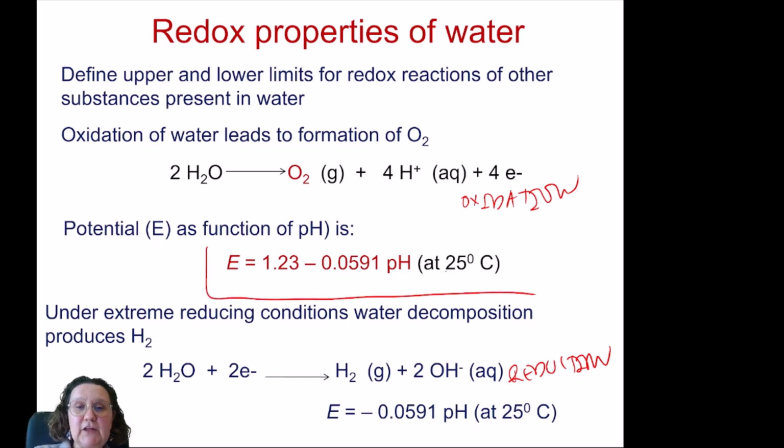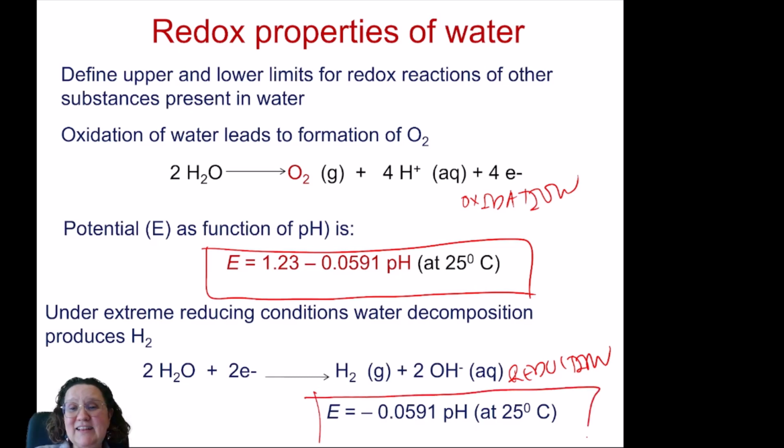So it will depend on the reaction itself, the oxidation or the reduction of water, and also on the pH of the medium, more or less acidic. You can work out these equations. It's beyond the scope of these videos, and you use something called the Nernst equation. So you can come up with what we call the stability diagram of water.